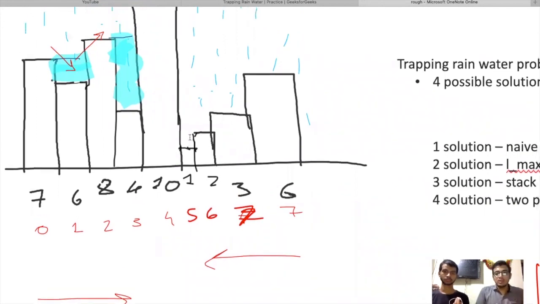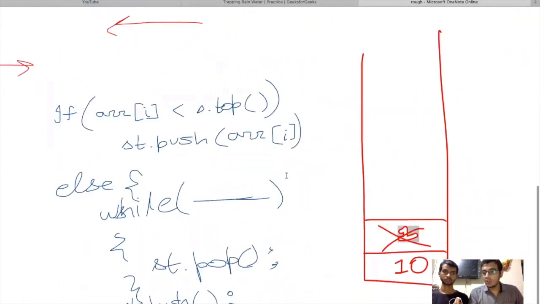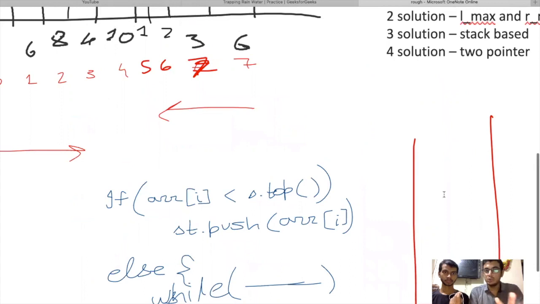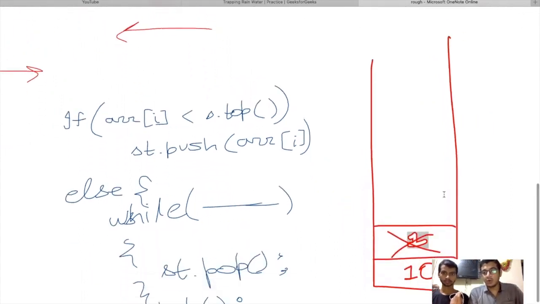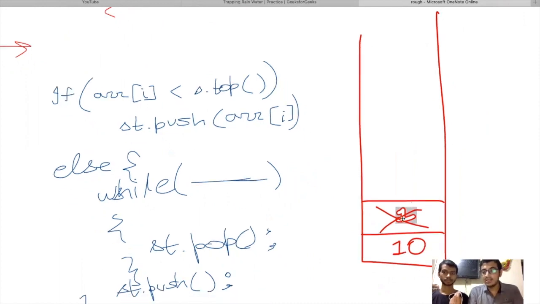Okay, so you may have guessed this fact that after popping out all the elements that are less than the current element, we are left with the element greater than the current element. Yes. Right. For example, our current element was 2. And we were checking for all the elements less than 2, and we were popping them out of the stack. So we popped 1 out of the stack and now we are left with an element greater than 2.